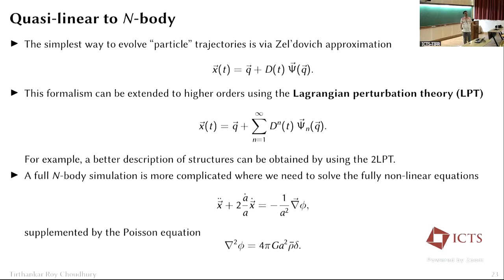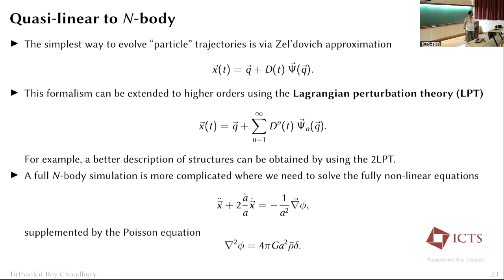You keep some fluid elements, which we loosely call particles, and solve their trajectories using this equation. Given their positions, you convert them into a density field. So you get this right hand side, find the potential, put this potential back here, and then solve again. You solve it as a coupled differential equation. This is the essence of n-body simulation.